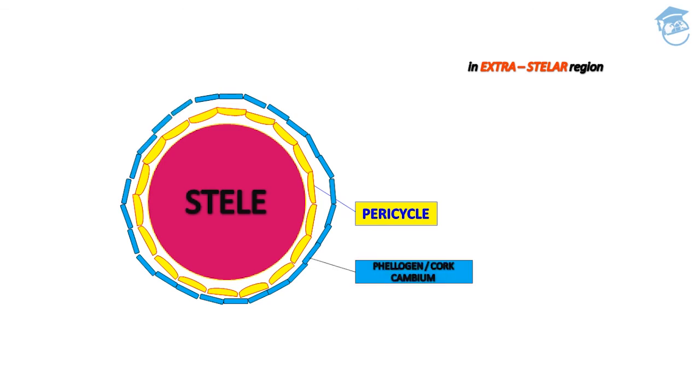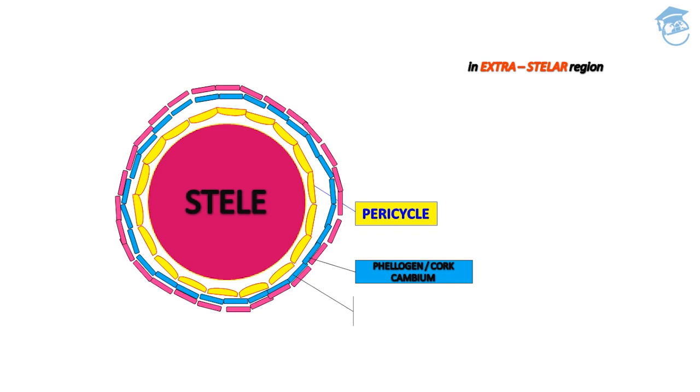Okay, so this is called phellogen, which is also called cork cambium. Another layer forms, which I've already taught you in detail in the earlier section. So this way another layer forms, and it is called phellum or cork.